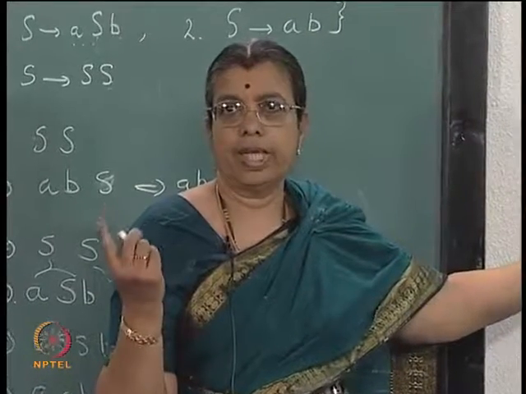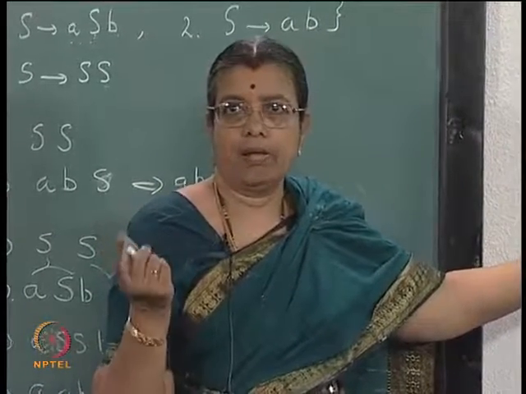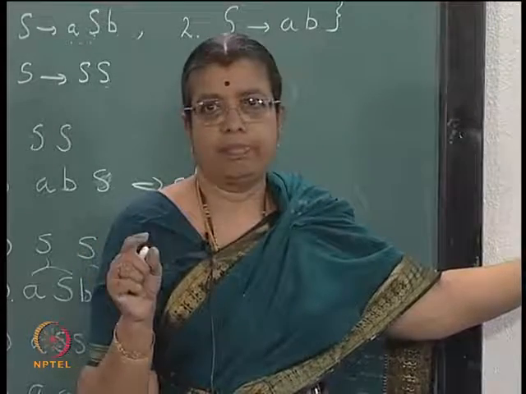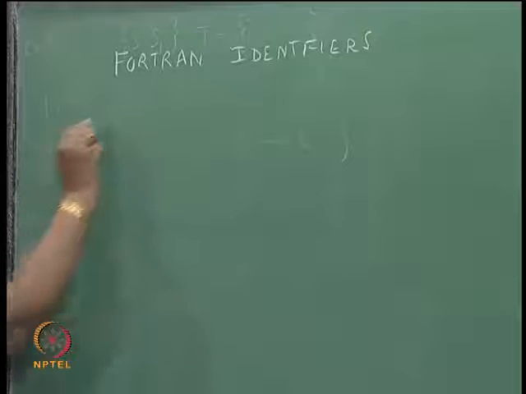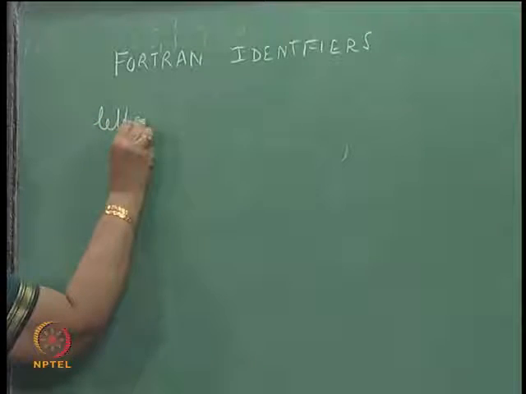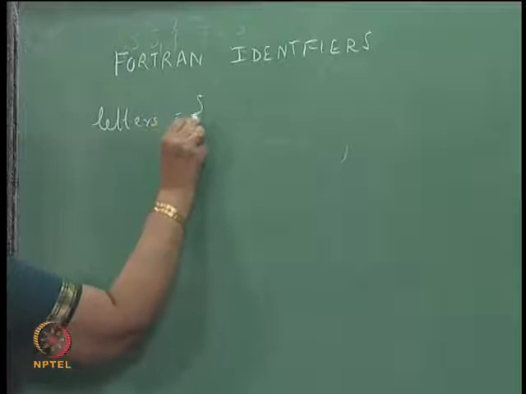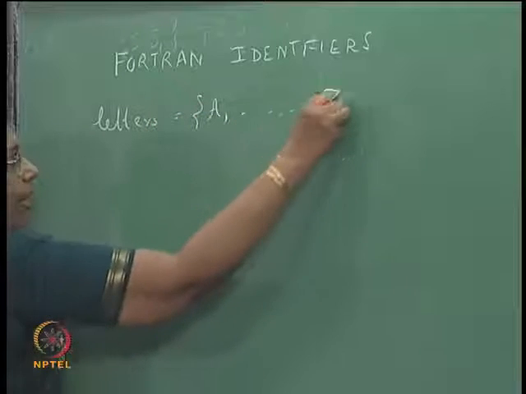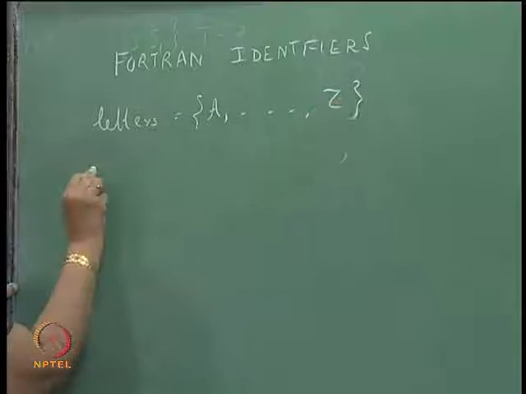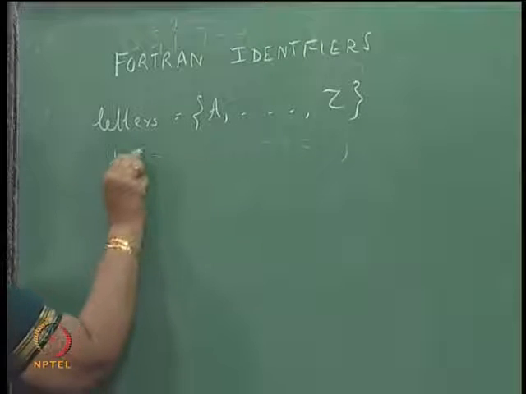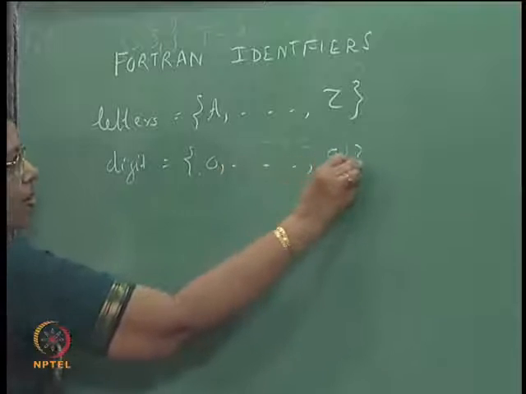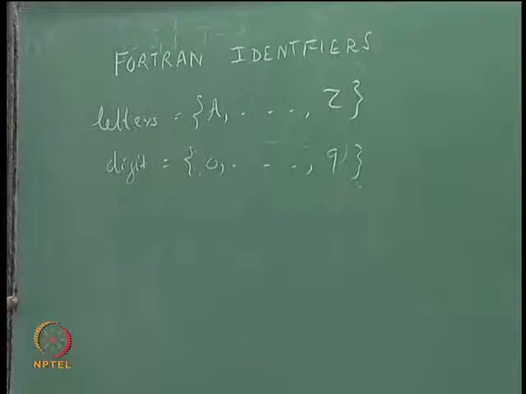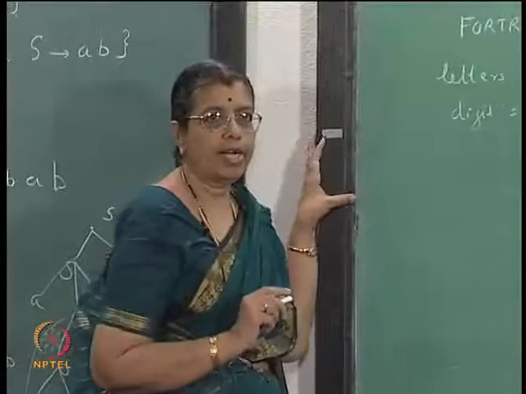The second to the sixth can be a digit or a letter. Okay. So we will use letters, I would mean, I use capital only, you can change it. Digit denotes 0 to 9, right. So, how can you generate all Fortran identifiers?